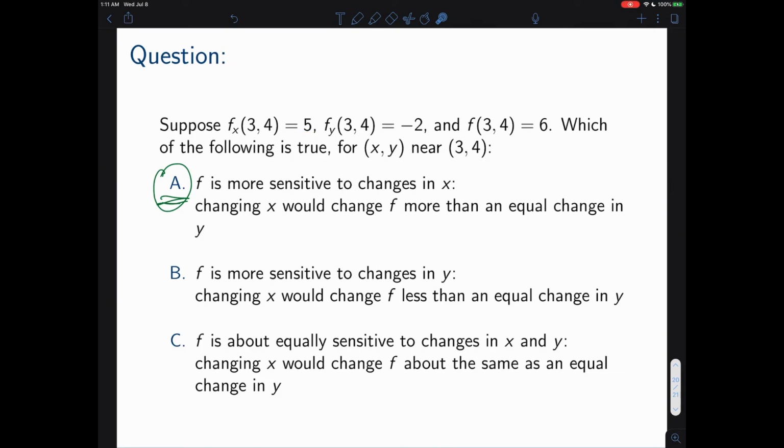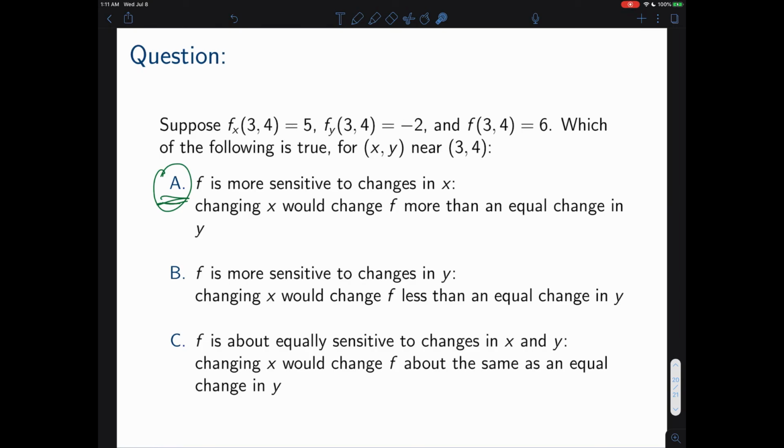In contrast, if I increased y by 1 unit, then the output value f would change by 2 units. It would decrease by 2 units. So the 5 unit change is a bigger change than the 2 unit change. For the purpose of this question, we're not worried about whether it's a plus or a minus.